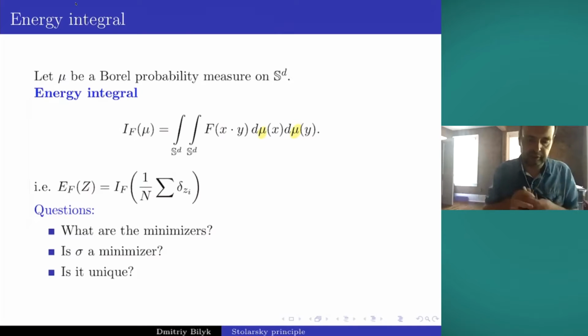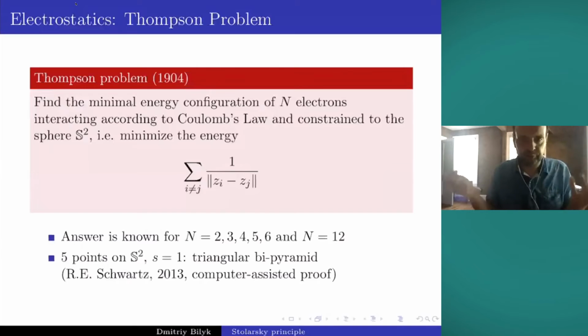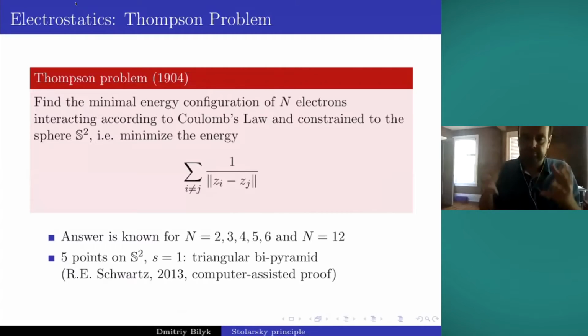So in that sense, you can consider discrete energy as some measure of uniformity of distribution, because it's also clear heuristically, if you go back, for example, to the Thompson problem, that if you put electrons on the sphere, if you're looking for the equilibrium position, they're probably going to position themselves uniformly on the sphere, right? Somehow in an equidistributed way.